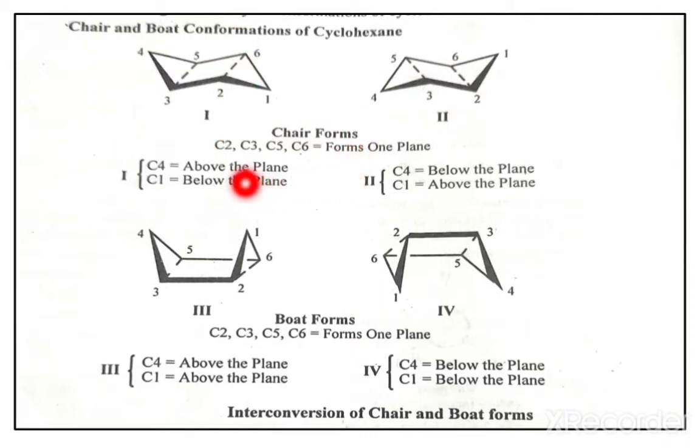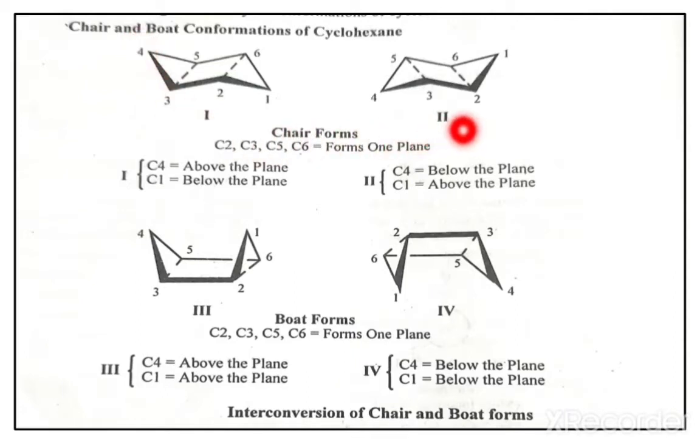Now the C1 and C4, they are out of this plane. If you see this C4 carbon, it is above the plane, and the C1 carbon is below the plane in the first conformation. That means C1 is below the plane in this conformation and C4 is above the plane.